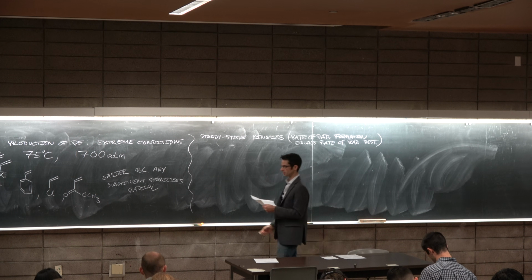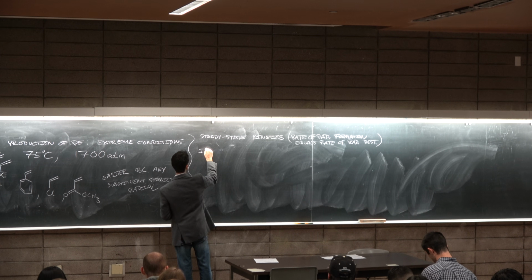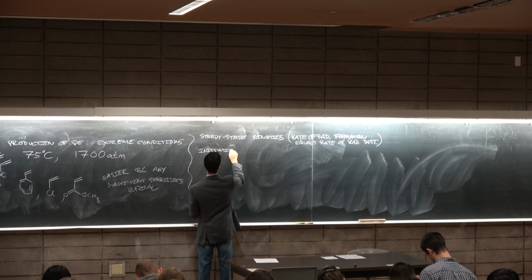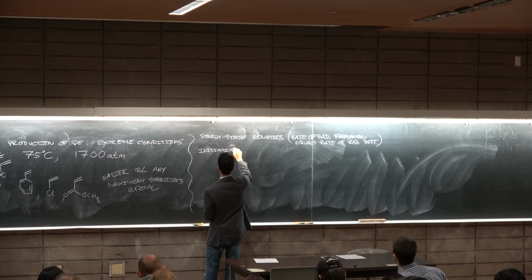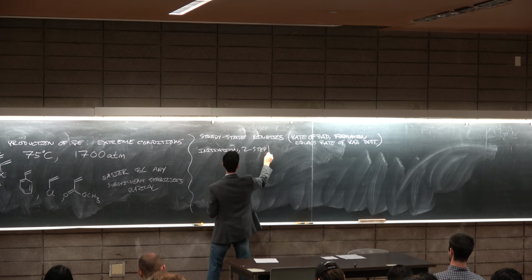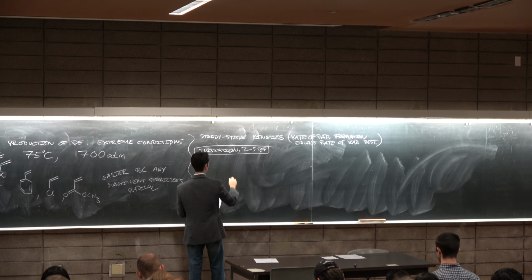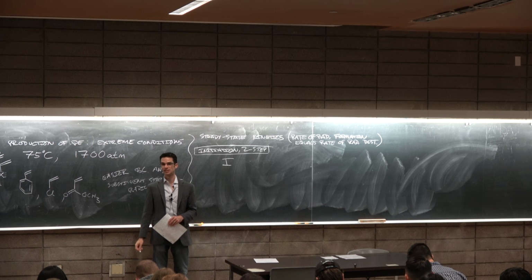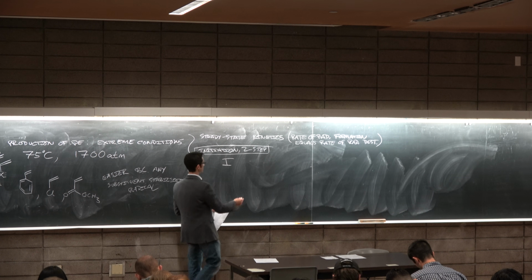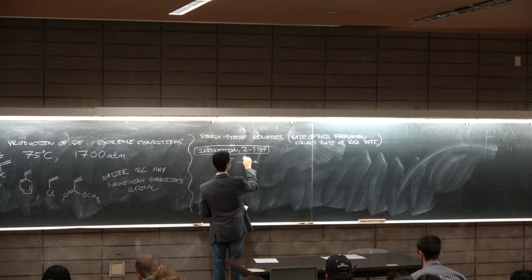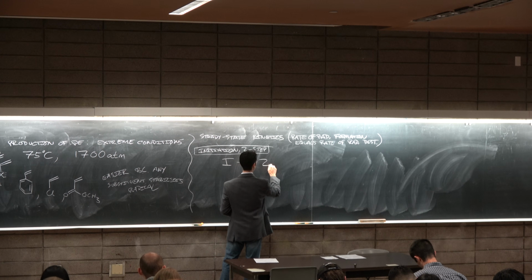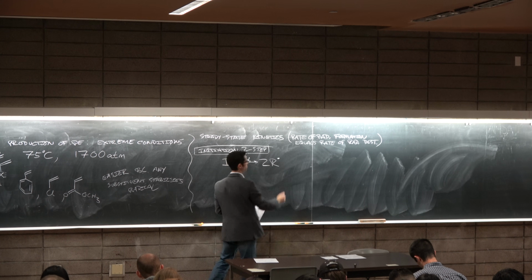Rate of radical destruction. So you have initiation, which occurs in two sub-steps. First we have some generic initiator I, and what it has to do is dissociate by some rate constant Kd into 2 R dots.